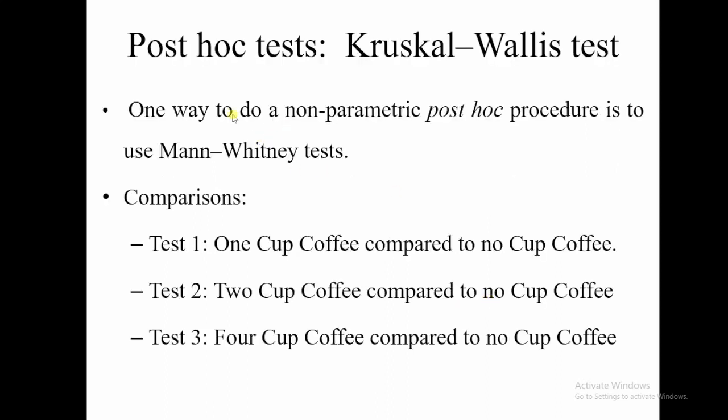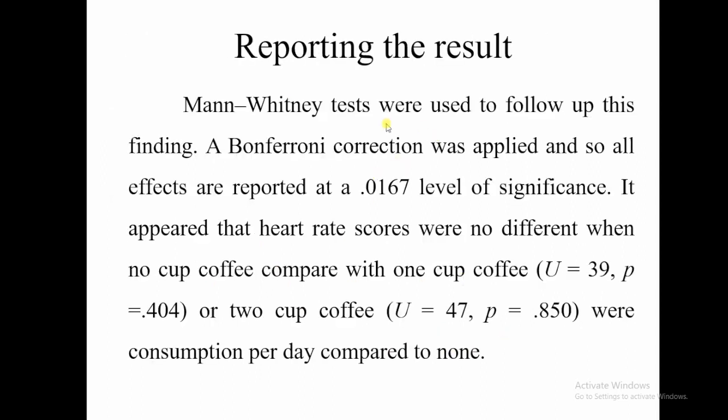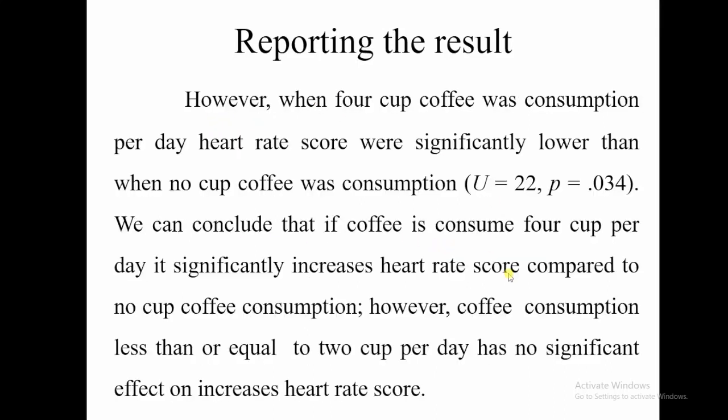Then the post hoc test for Kruskal-Wallis: 1 cup with no cup, 2 cup with no cup, and 4 cups with no cup. So this is the result of the post hoc analysis. We can report our result this way. Okay, so thank you very much.